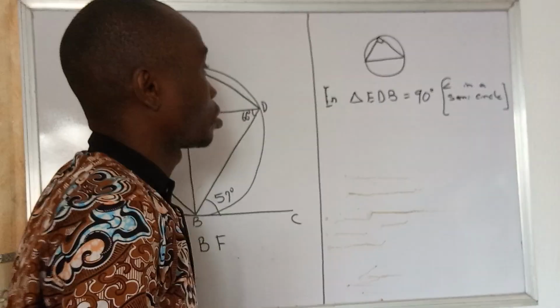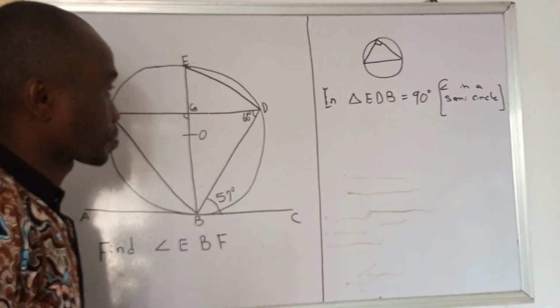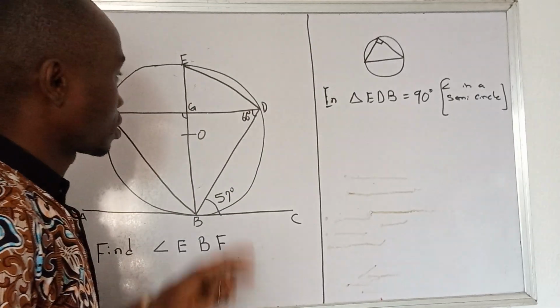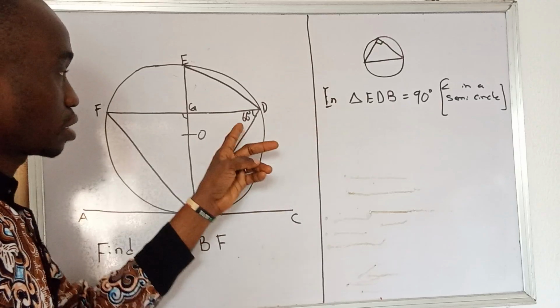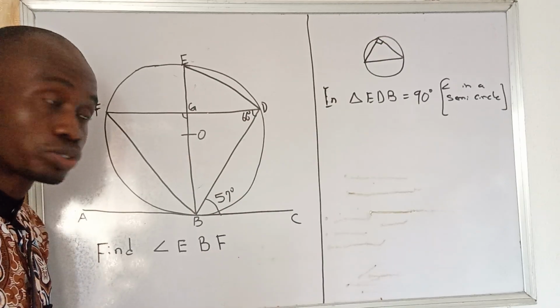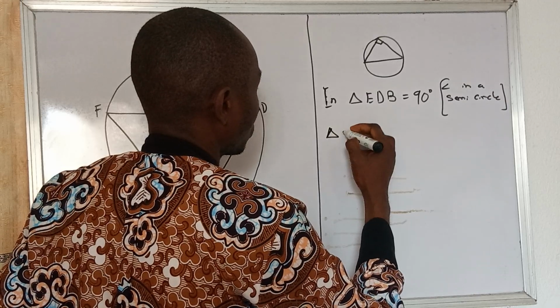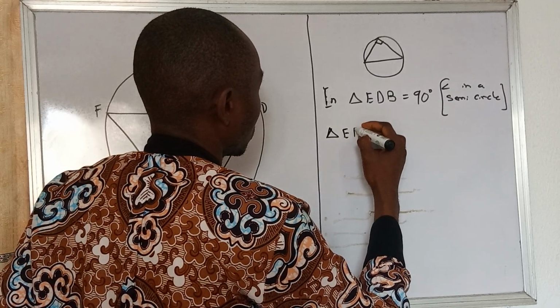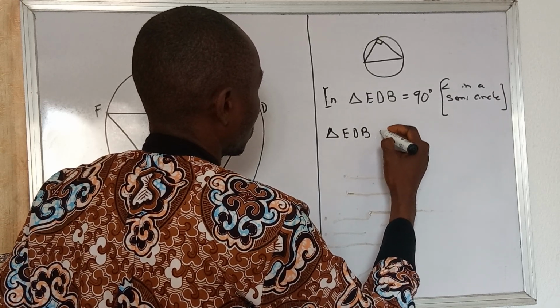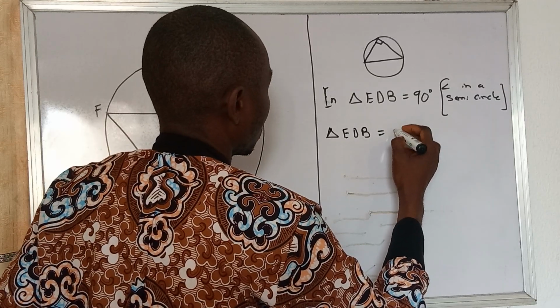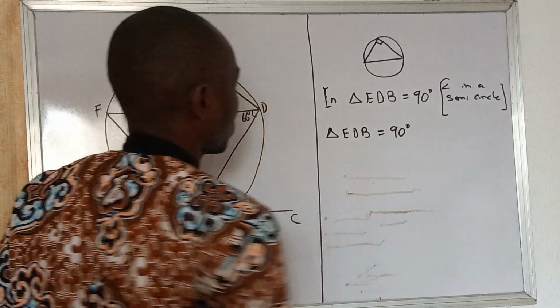All right. So now in this case, out of 90, 66 degrees being used, what are we going to have? We're going to have still triangle EDB equals 90 degrees.